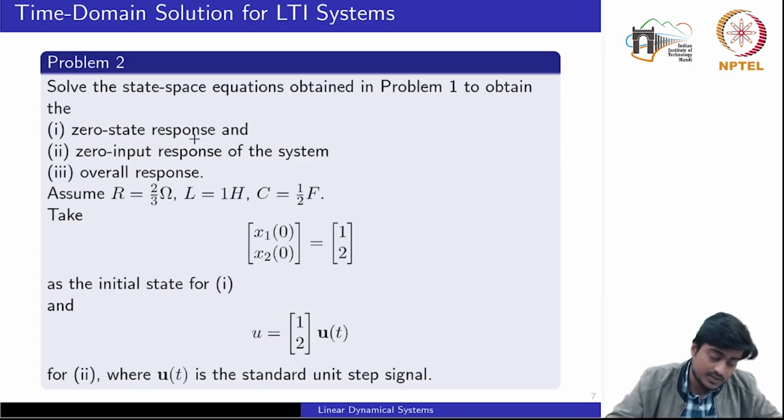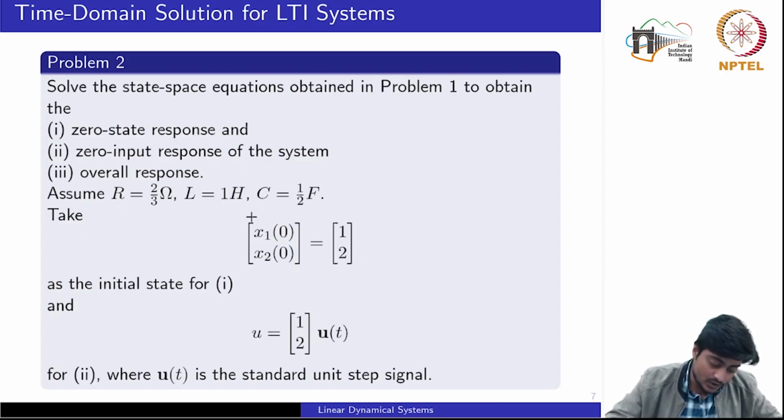First, the zero state response, where the initial conditions are taken as 0 and we want to see the output which is only influenced by a certain input. Second, the zero input response of the system, in which the input is 0 and only the initial conditions act. The overall response would be the summation of the first two responses.